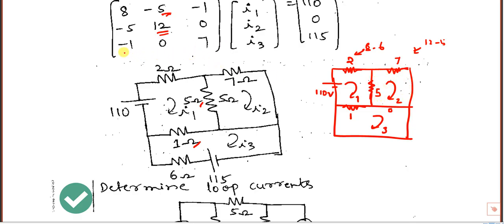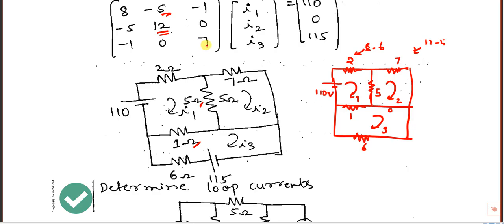Coming to mesh 3. Common to 3 and 1 is 1. Common to 3 and 2 is 0. And the sum of resistance in mesh 3 is 7. 1 is already there. So the remaining you have to put is 6 here.